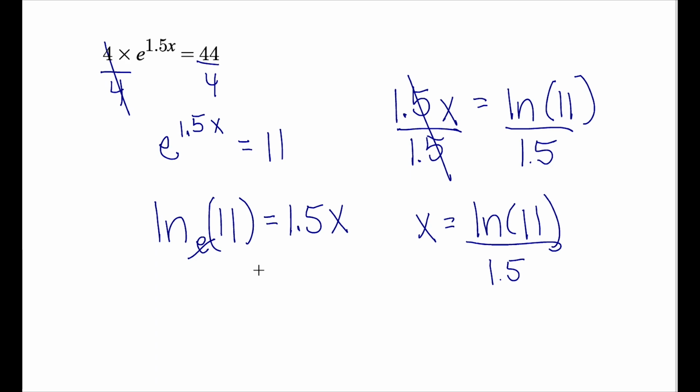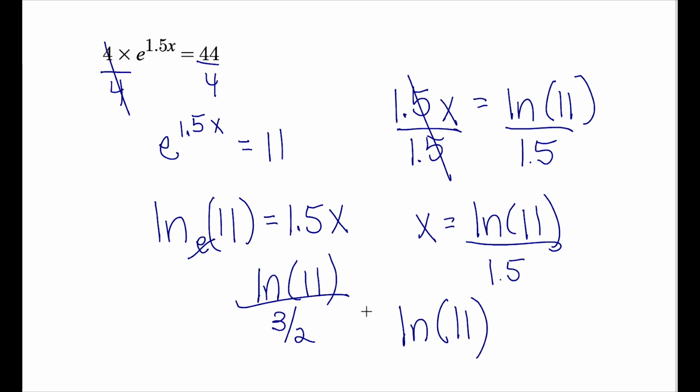You may also see the answer with a fractional coefficient. If I'm dividing by 1.5, that means I'm dividing by 3 over 2. When you divide by a fraction, remember you're going to multiply by the reciprocal. So instead of dividing by 3 over 2, I will multiply by 2 over 3.